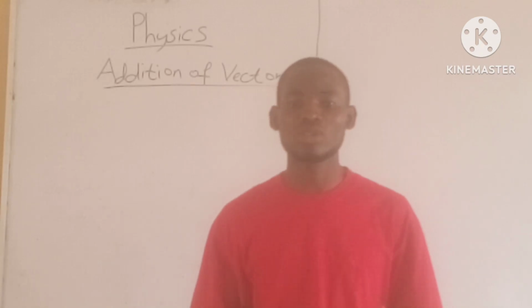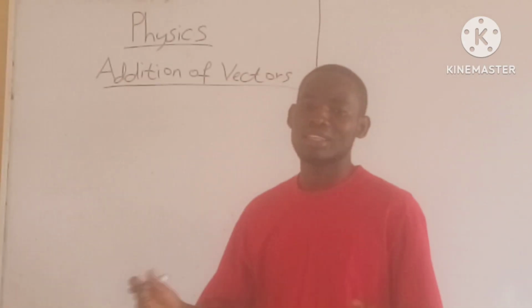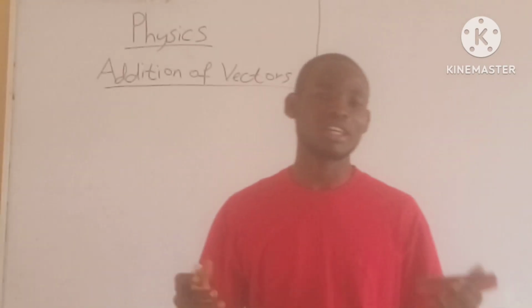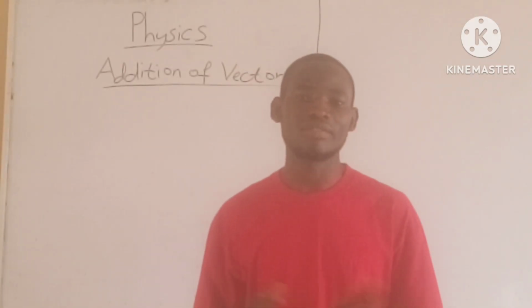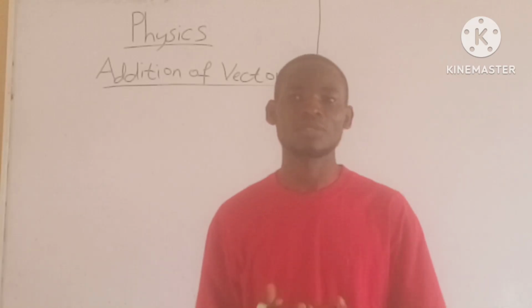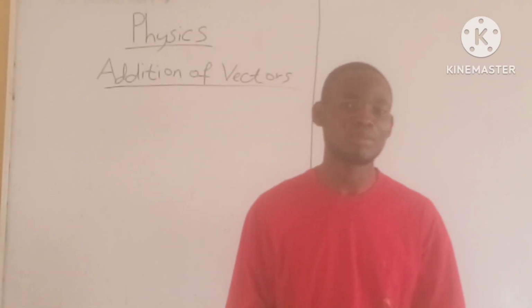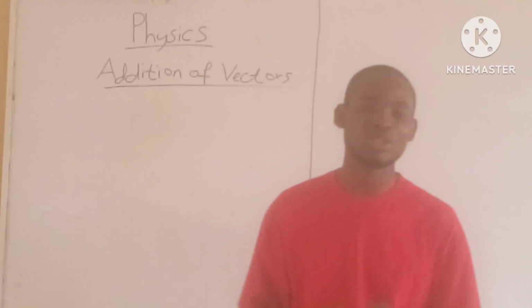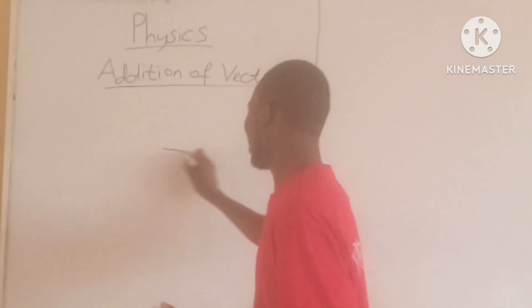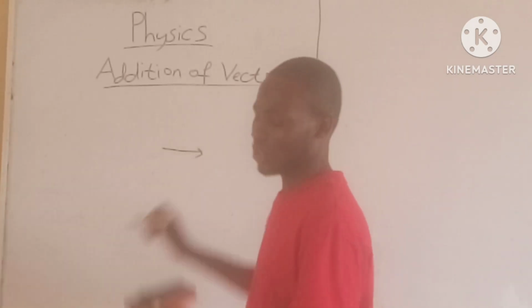Now today we're talking about additions of vectors. In our last class, we talked about scalars and vectors, and I differentiated between scalar quantities and vector quantities. And I made mention of how vectors are represented. We represent vectors with an arrow. This is the magnitude and this is the direction.